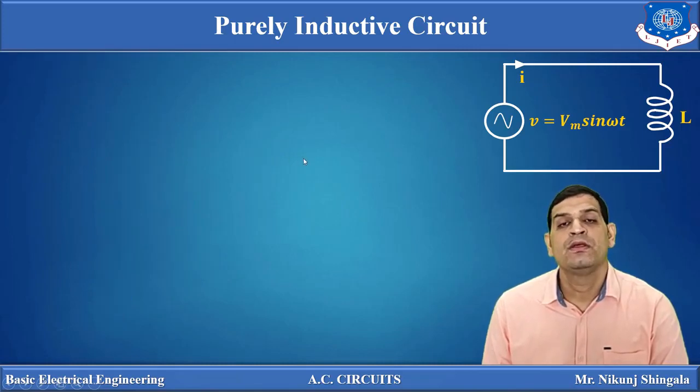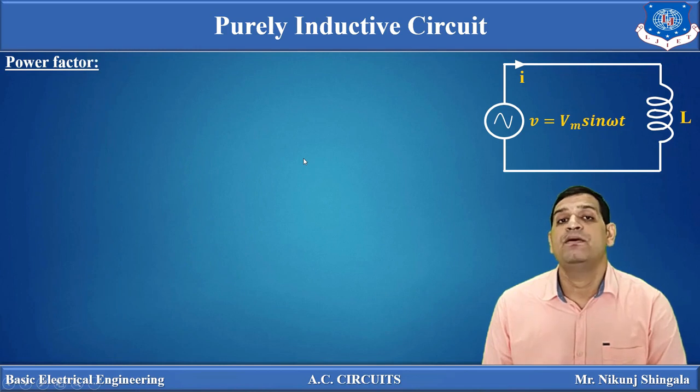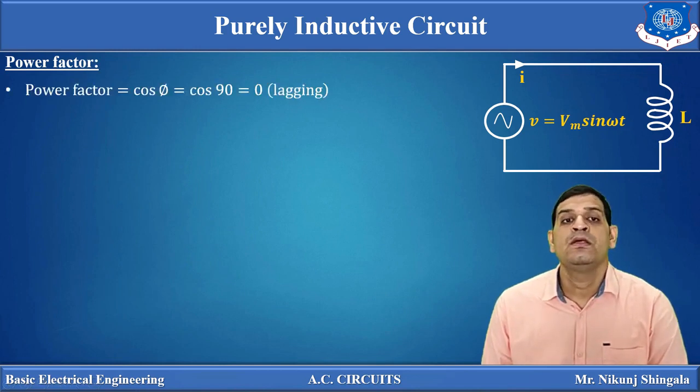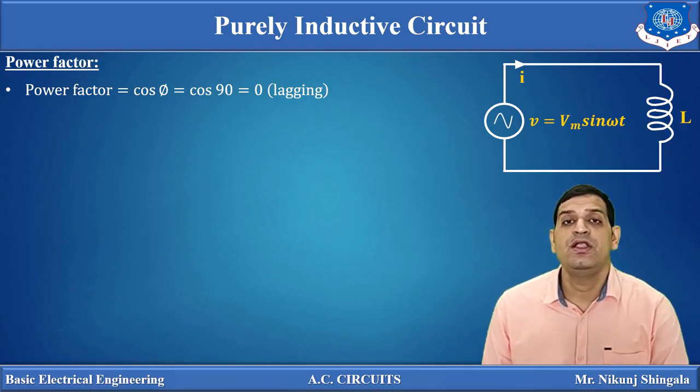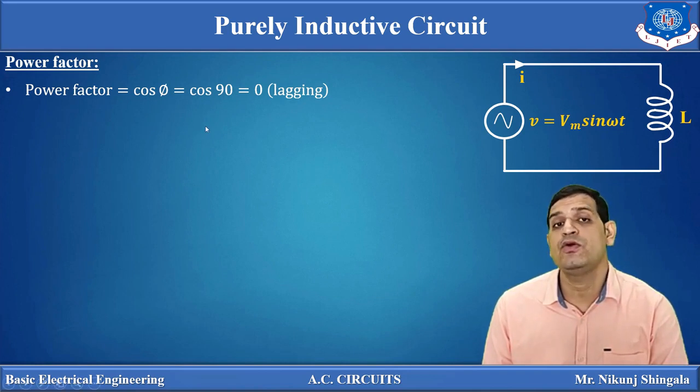And finally is power factor. So power factor is given by cos phi, where phi is the angle between applied voltage and resulting current. For the purely inductive circuit, the phase difference between voltage and current is pi by 2. So we can write cos phi is equal to cos 90 is equal to 0.